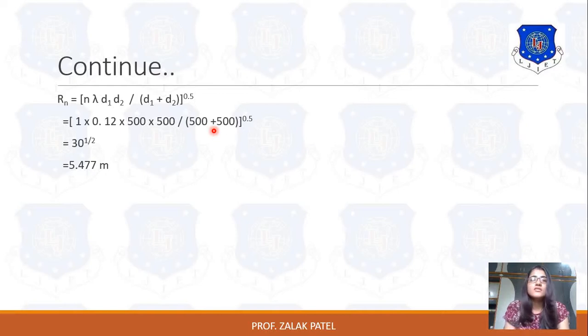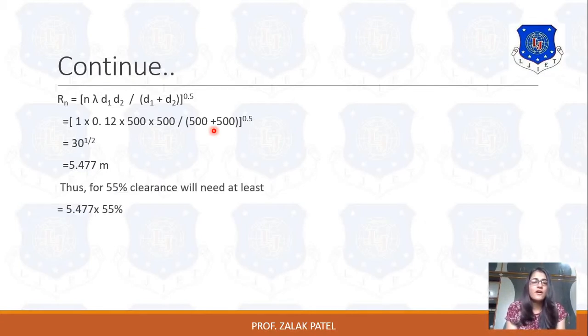Now the second question is what clearance is required at 55%. So 55% clearance means 55% of the first Fresnel zone's R1 is taken. So simply 55% means 5.477 into 55 upon 100.